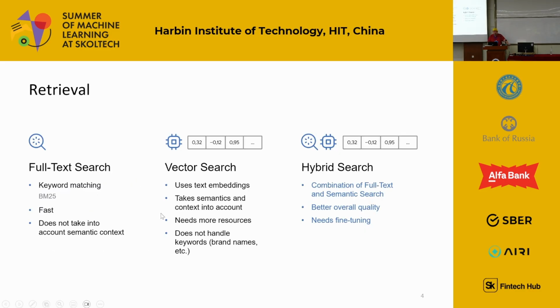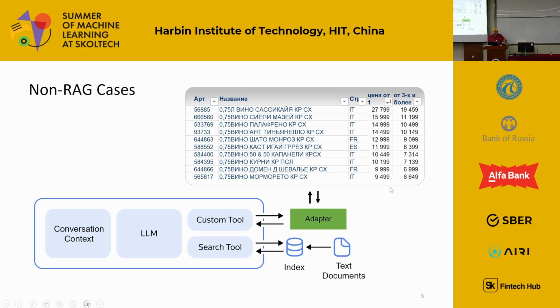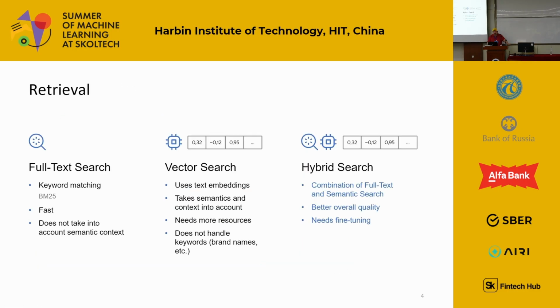I spoke already about different search types. One thing that I want to mention, but I don't have a slide for it, it just came to me that it's worth mentioning: in RAG there are two steps, retrieval and then figuring out the answer using the LLM.